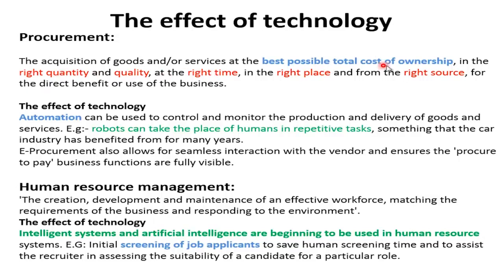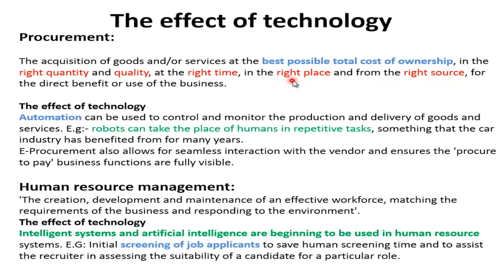So in procurement, it has to be concerned with the right quantity. The right quantity has to be procured, in the right quality, the quality that we require, at the right time, and in the right place, from the right source.